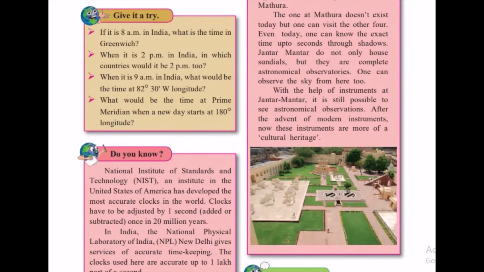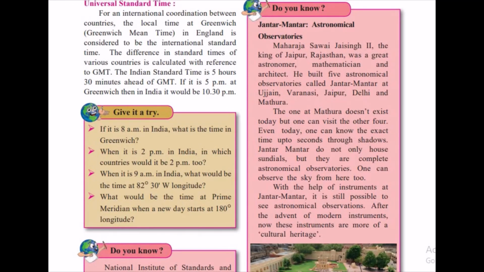There is one more example I would like to give, the Jantar Mantar astronomical observatories. Maharaja Sawai Jai Singh II, the king of Jaipur, Rajasthan, was a great astronomer, mathematician and architect.